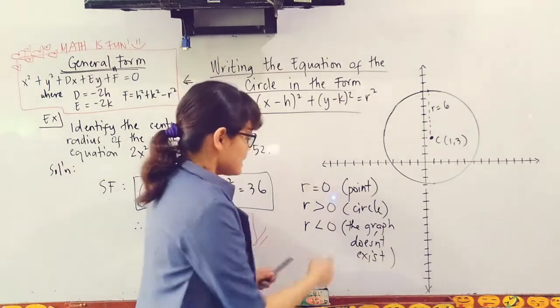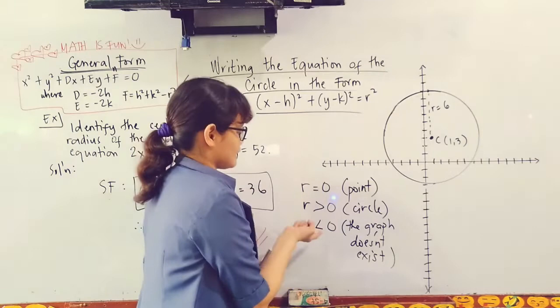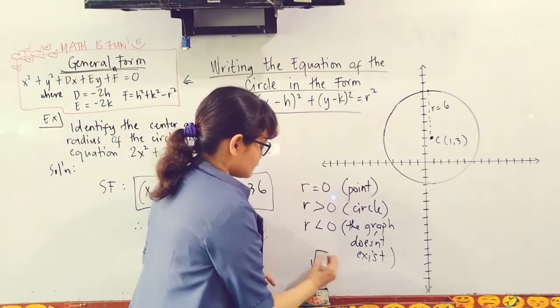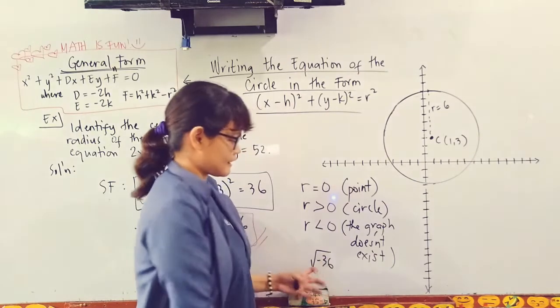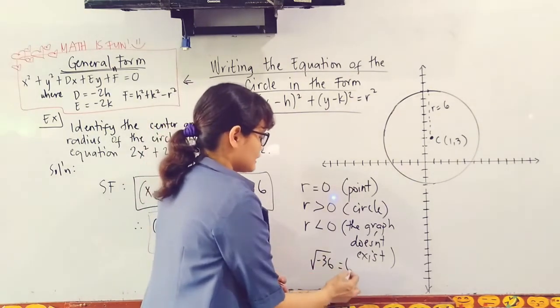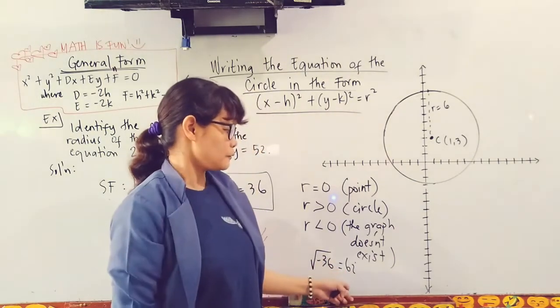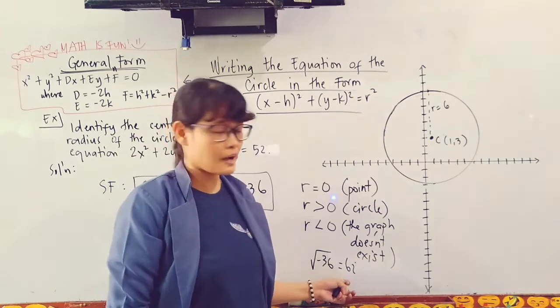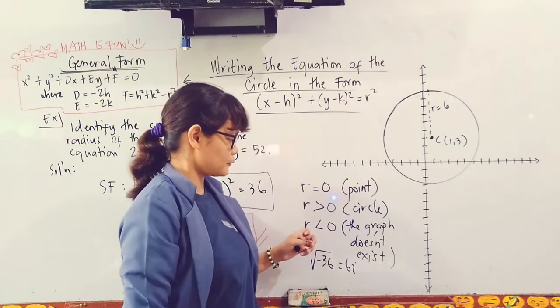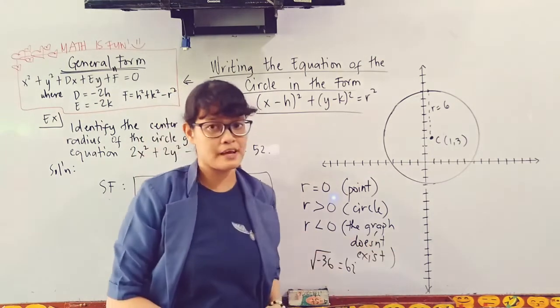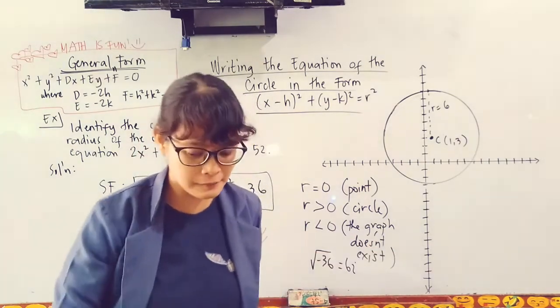Also, kailan naman magiging R is less than 0? Una sa lahat, yung nasa loob ng radical symbol, kunwari, negative 36, this is already an imaginary number. So, which means, okay, counter-example doon na nagpapatibay kung bakit when R is less than 0, then the graph doesn't exist. O, yan. So, yun lang.